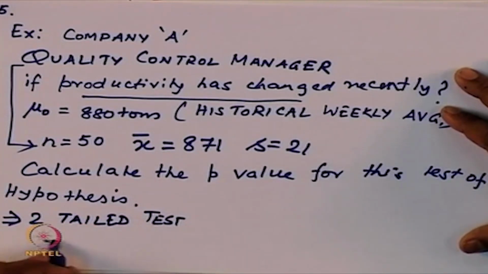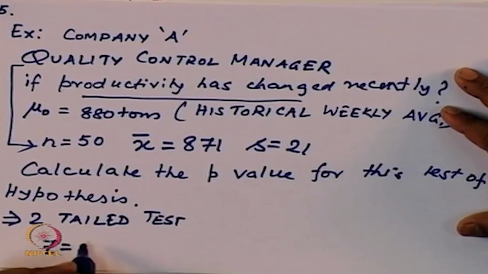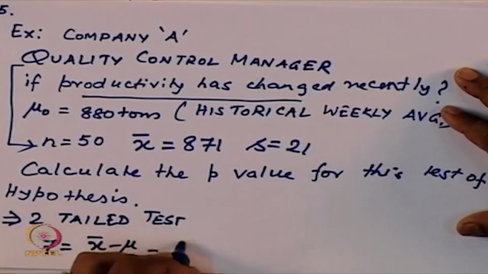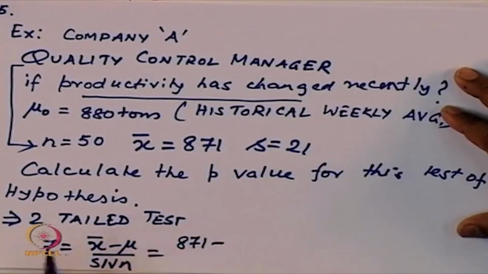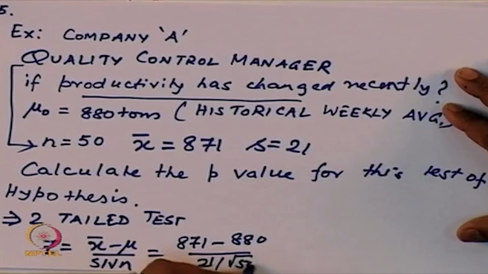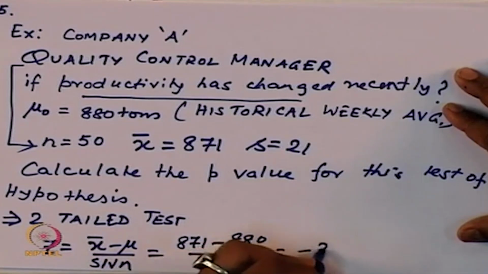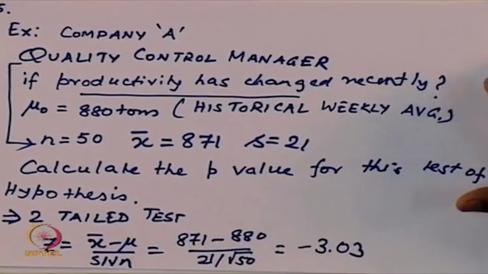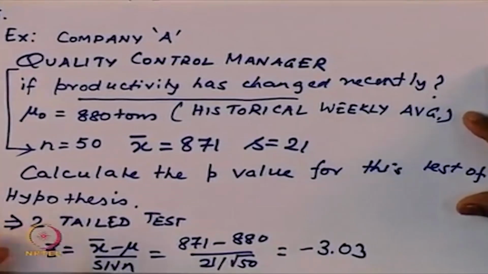You can calculate the value of Z, which is x bar minus mu by S by root n: 871 minus 880, divided by 21 by root of 50. This gives me a value of minus 3.03.